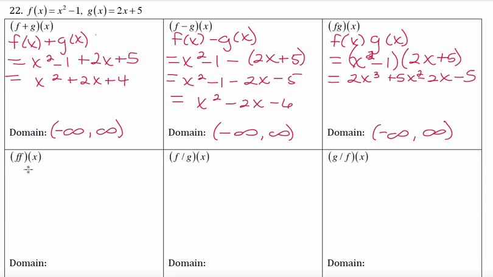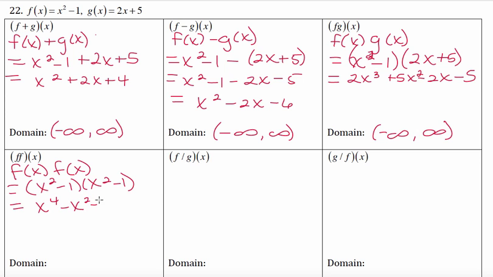Now we have f times f of x, which is just your f of x times itself again, f of x times f of x. And f of x is x squared minus 1. And I'm going to multiply it by another x squared minus 1. And we're going to go ahead and FOIL that out. We have x to the 4th minus x squared minus x squared plus 1.